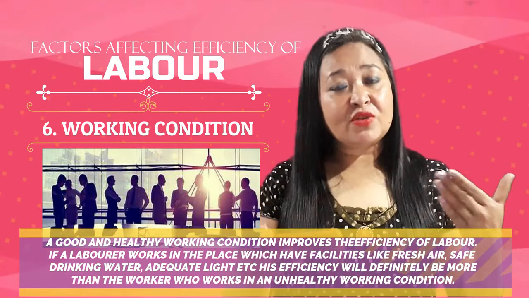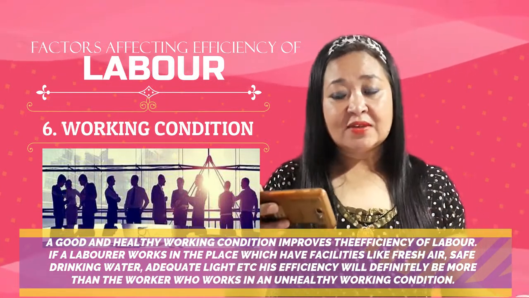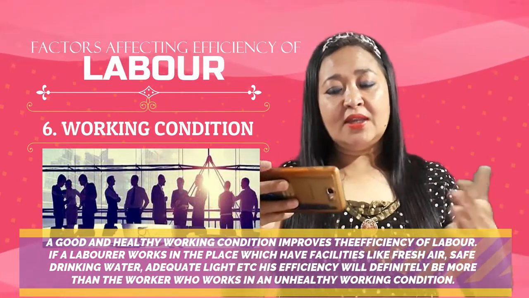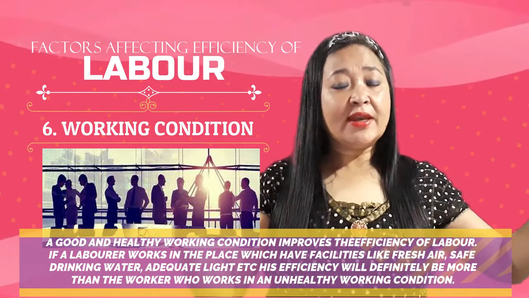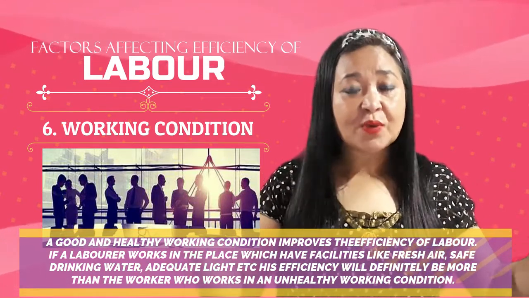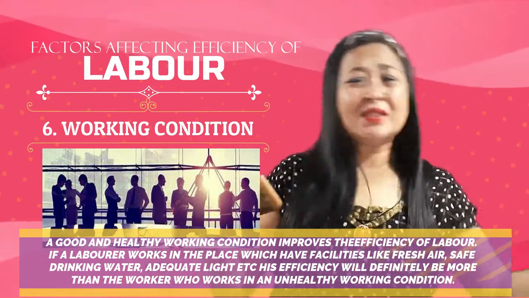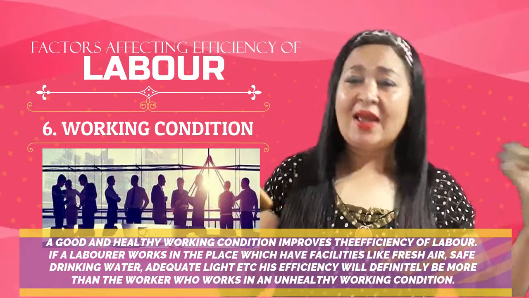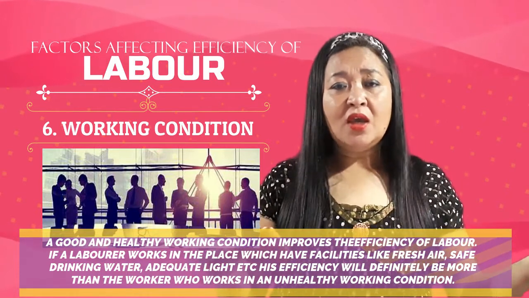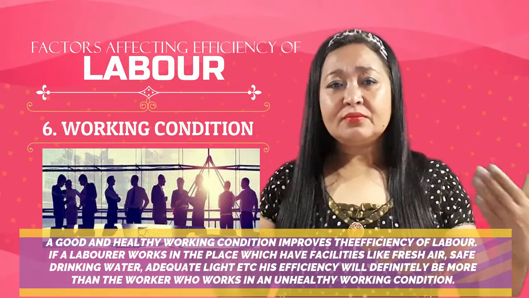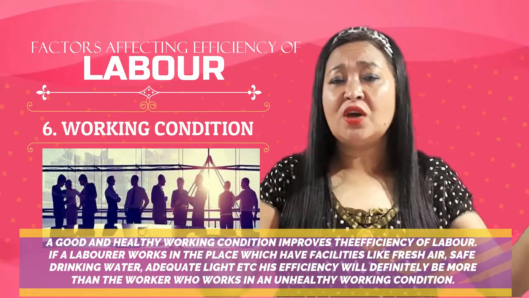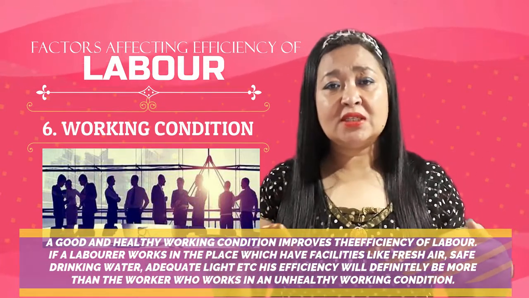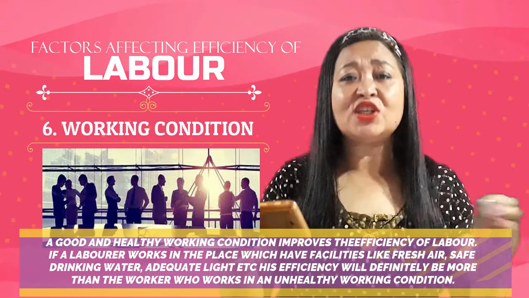If there is proper drinking water, and adequate light where you are working, these kinds of small things, a well ventilated and well lighted room, I mean to say. And where there are good water facilities, good sanitary facilities, a very hygienic place.